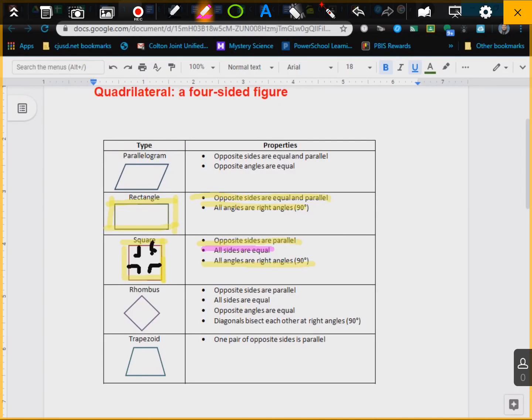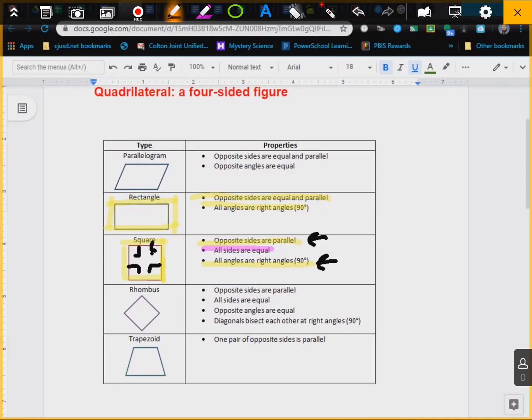A square can be a rectangle because a square has these two things the same as a rectangle: opposite sides are parallel and all angles are right angles. But a rectangle cannot be a square because not all the sides are equal.